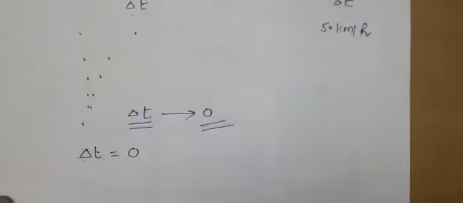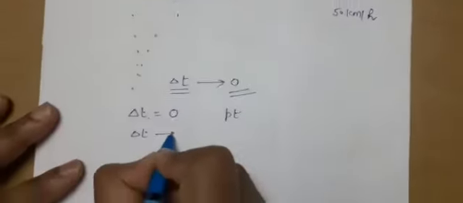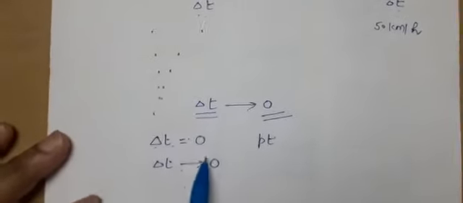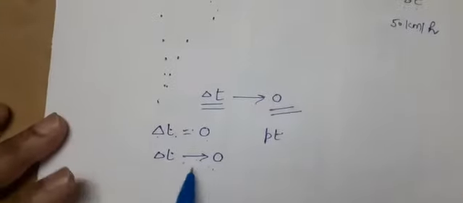If we take the difference of time equal to 0, that means we are talking about a single point only. But we are not taking it equal to 0. We are taking del t tending to 0. So what is the difference between these two? In normal conditions, we can say that it is approaching the 0 value, a rough estimation.